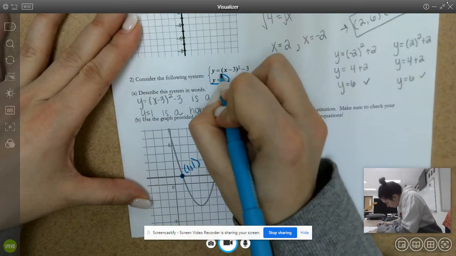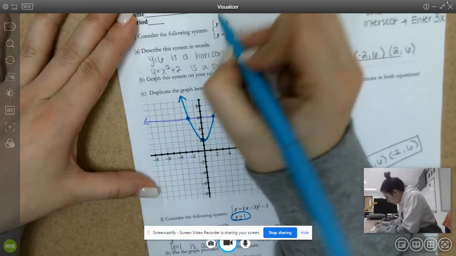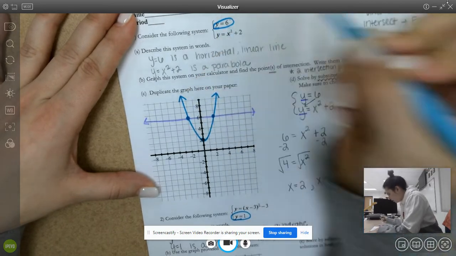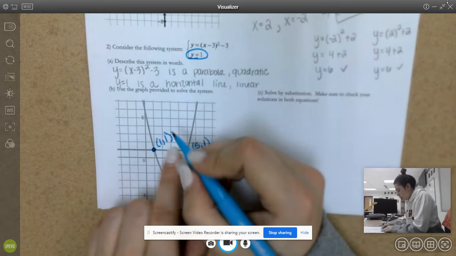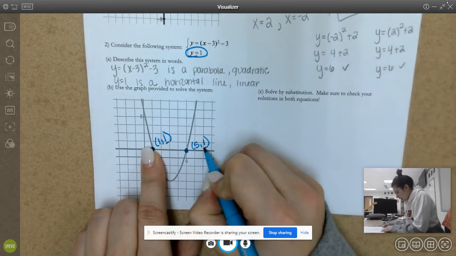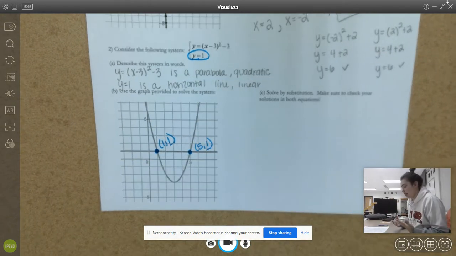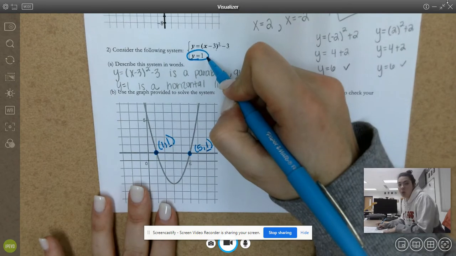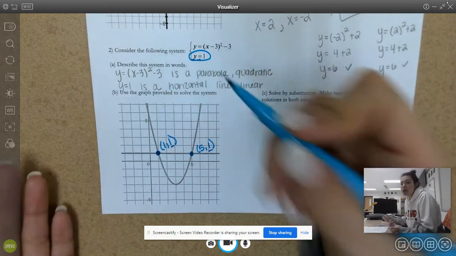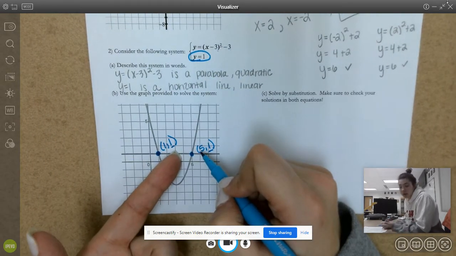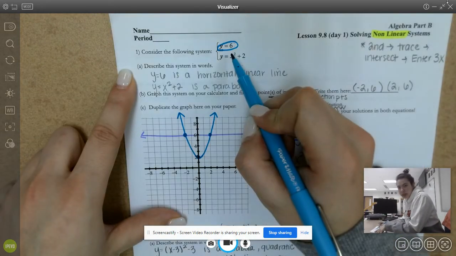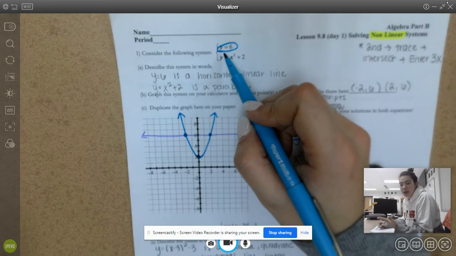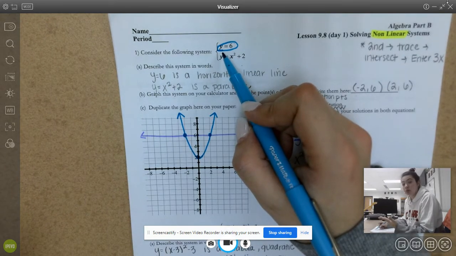If we have a horizontal line as one of the equations in our system, your y value is always going to be the same value as that line. So for example, the line is where y is equal to 1. Therefore, the y values of our solutions are 1. Up here in the first example, the equation of the horizontal line was y equals 6.